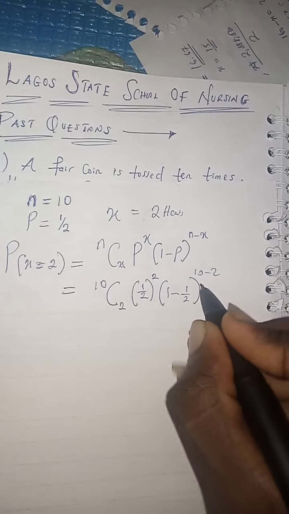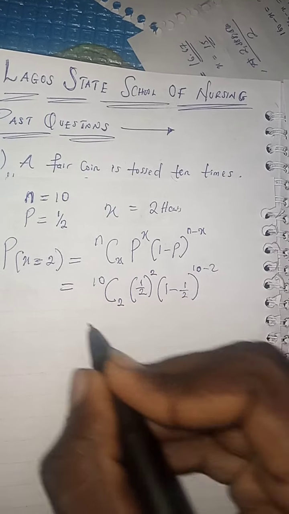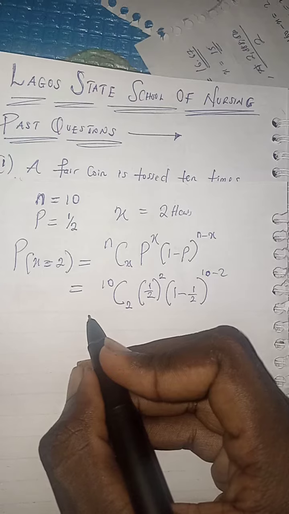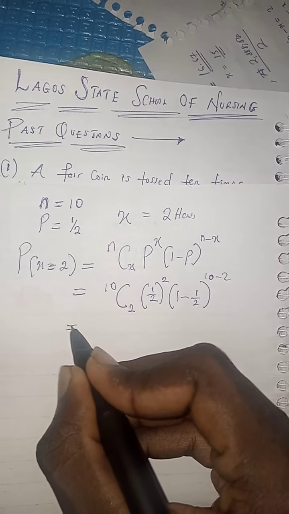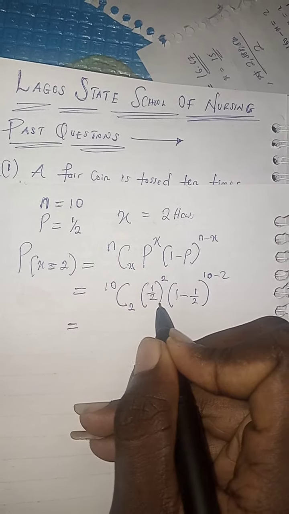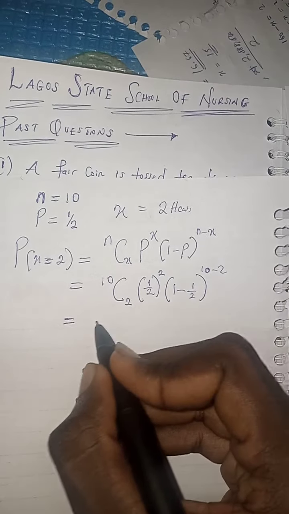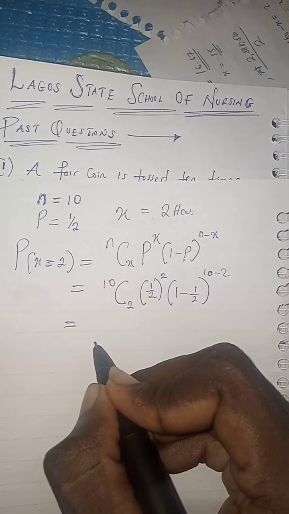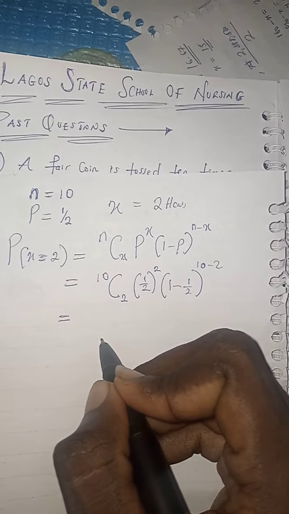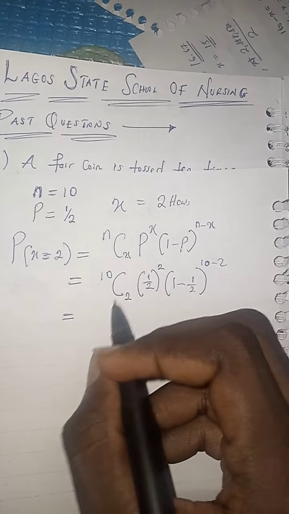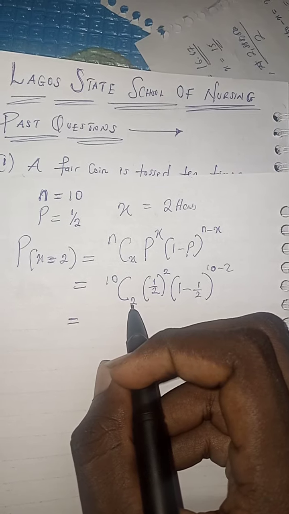If you want to solve this under time pressure, I'm very sure you'll not be able to get the correct answer, except if you are very strong in simplifying something like this. 10 combination 2 is 10 factorial over 10 minus 2 factorial, multiplied by 2 factorial. This is another topic on its own, permutation and combination.